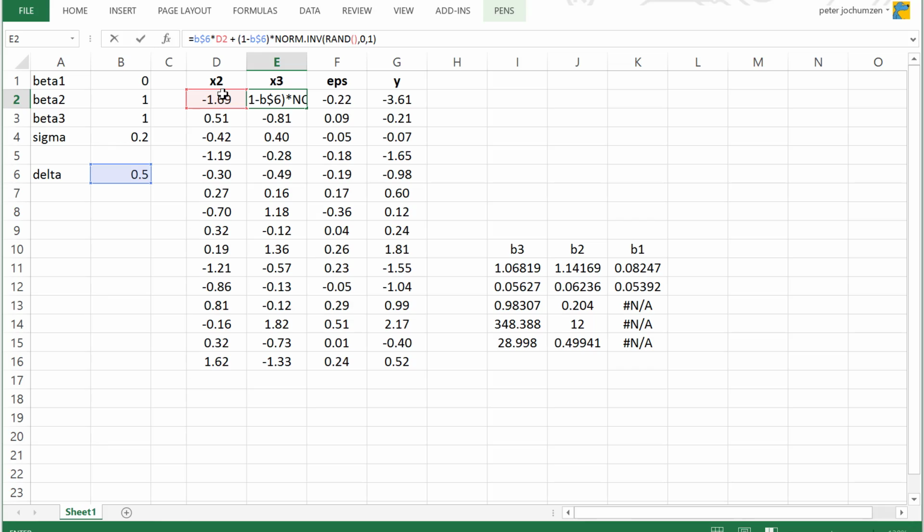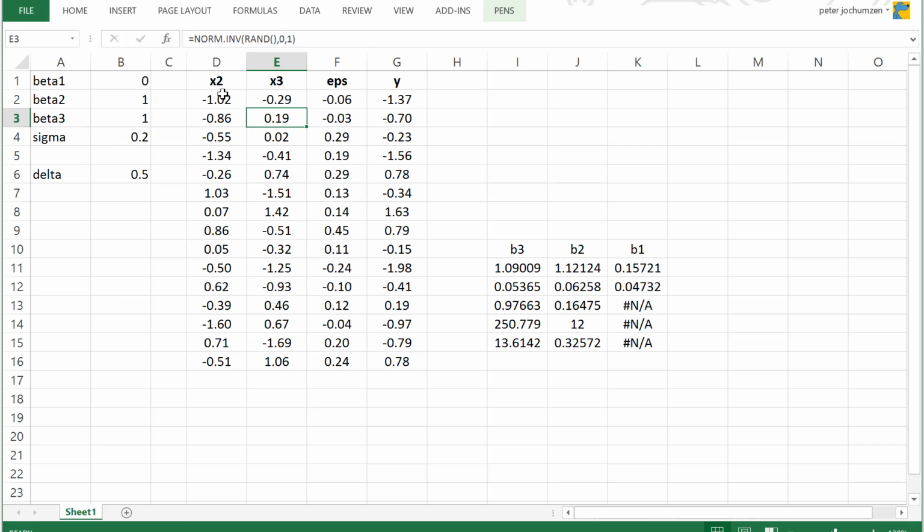So you can see that when I set delta to 0, then the first term, delta times x2, will go away, and we will return to what we just looked at, the case when x2 and x3 are completely independent. And the other extreme, when delta is 1, then x3 will become exactly equal to x2. So complete dependence in that case.